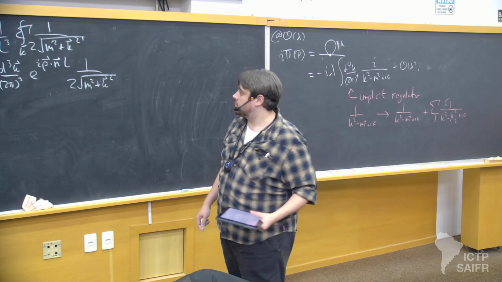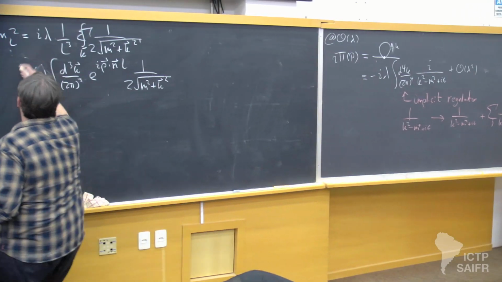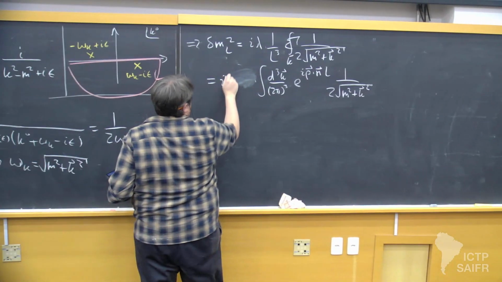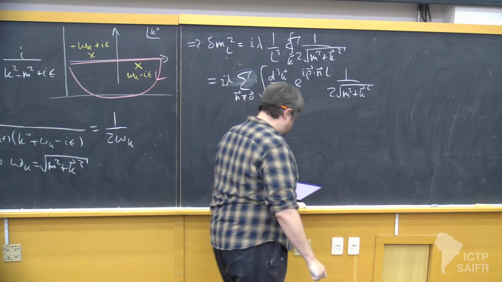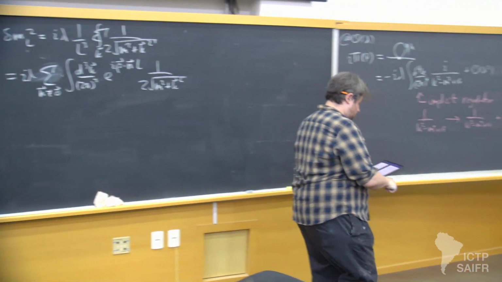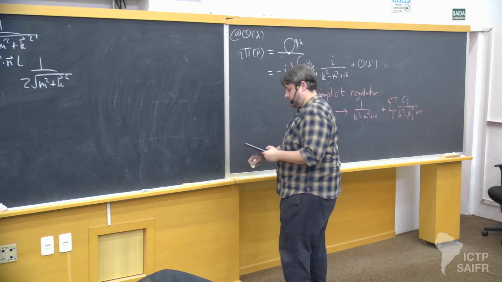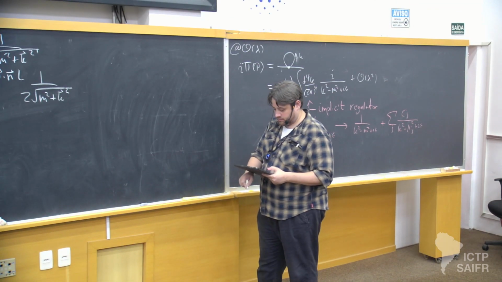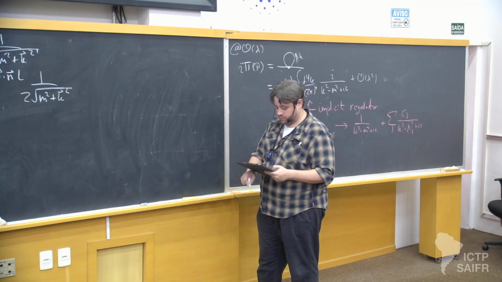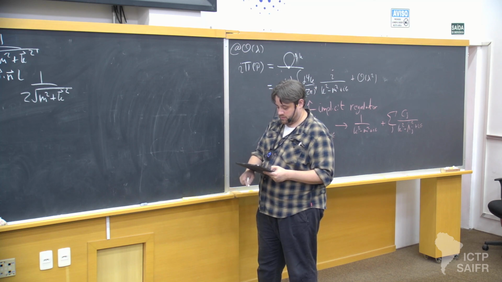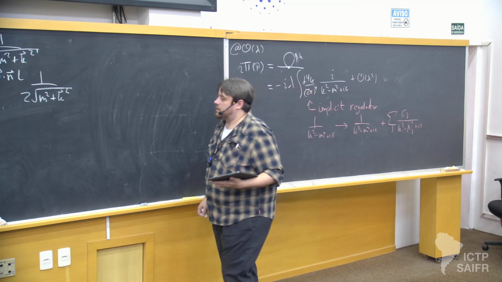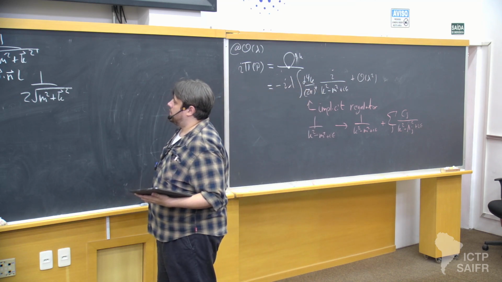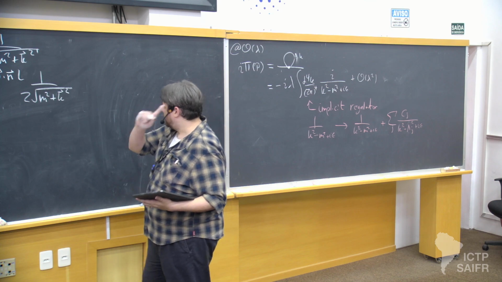Say again? Oh, yeah, you're right, sorry. Thank you. I lambda sum of n not equal to 0. I wrote p here, this should be k.